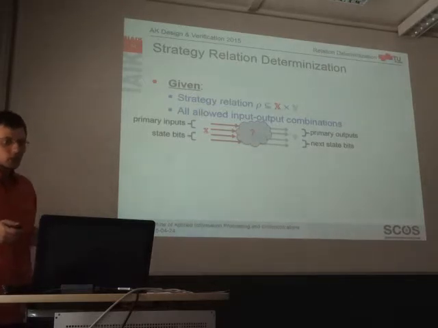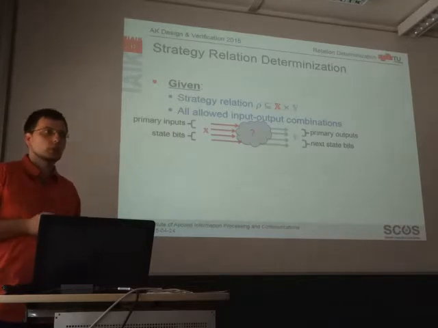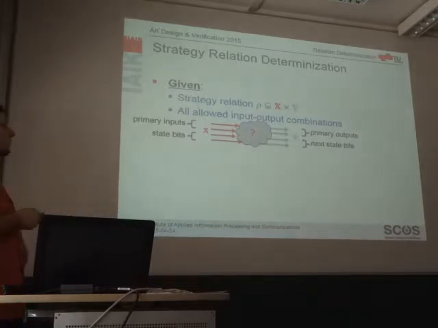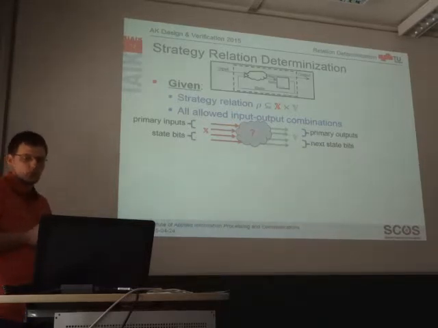And now to make it clear, for the rest of today, when I say inputs and outputs, what I'm going to mean is inputs and outputs to this combinational function here, that is the union of the actual inputs of the system and the state bits of the system, and the outputs are the actual outputs of the system and the next state bits of the system.